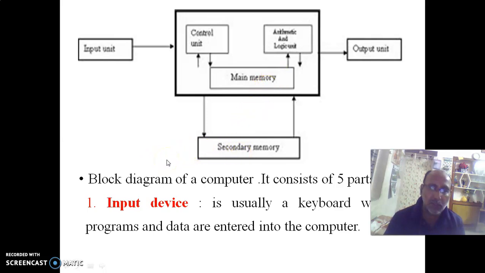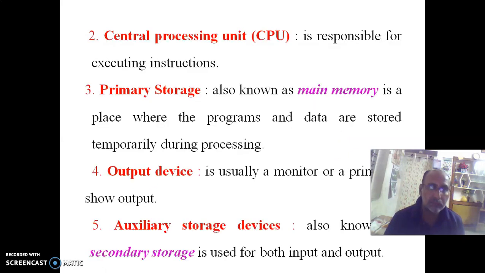What is an input device? It is usually a keyboard where the programs and data are entered into the computer. The CPU, that is the central processing unit, is responsible for executing instructions. Third is the primary storage, also known as main memory, where the programs and data are stored temporarily during processing.